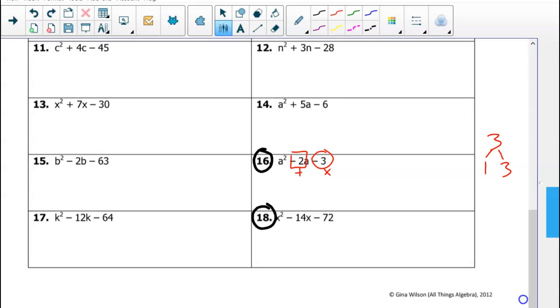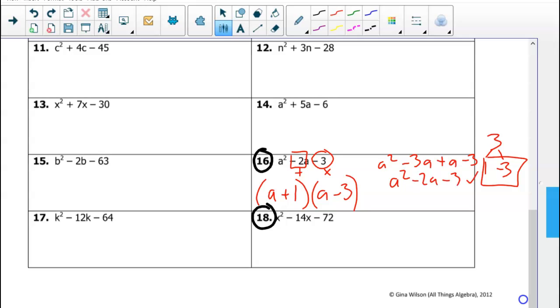If I do negative 1 and positive 3, that would give me a positive 2, so it needs to be positive 1 and negative 3. So a plus 1 and a minus 3. If I multiply that back out, I get a squared minus 3a plus 1a minus 3, or a squared minus 2a minus 3.